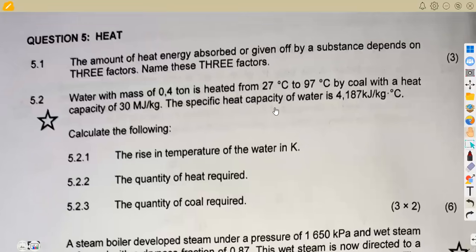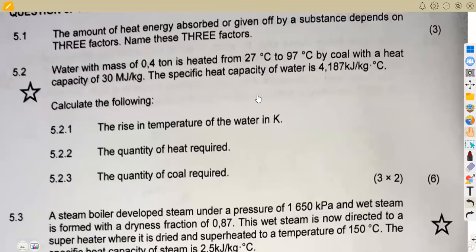Question 5.1: we are given that the amount of heat energy absorbed or given off by a substance depends on 3 factors. Name these 3 factors. We are talking about the heat that is being taken off or taken in. Remember that the heat transferred is equal to the mass times the specific heat capacity times the change in temperature.